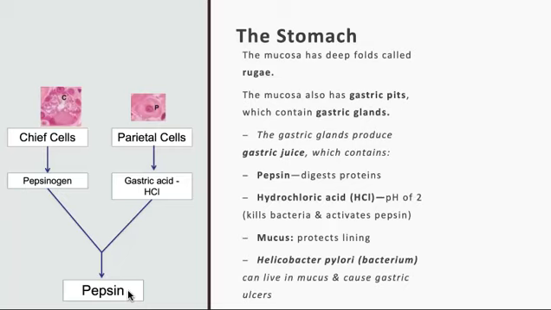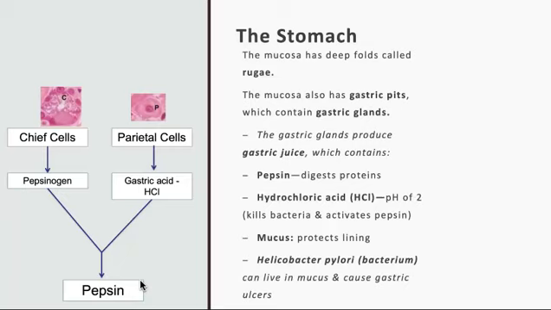It was Theodore Schwann that named the enzyme pepsin in 1836 after the Greek word pepsis, which means digestion. And you may be wondering, well, why do we have to go through this activation process? Why not just have pepsin?